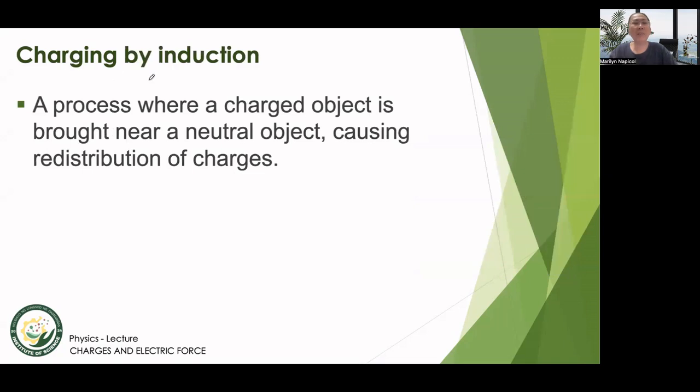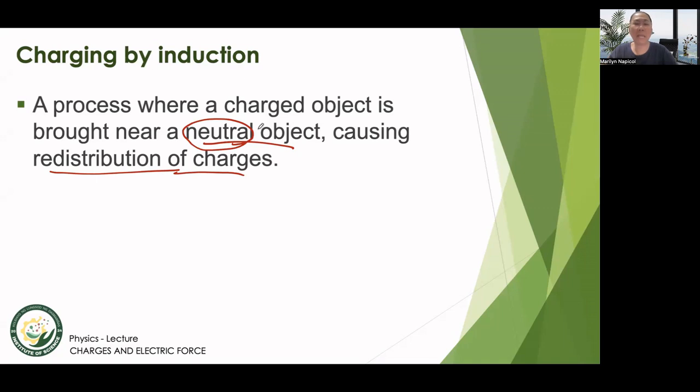So charging by induction is a process where a charged object is brought near a neutral object, causing the redistribution of charges. Again, pag sinabi nating neutral object, parehas siya ng bilang ng protons and electrons, or parehas siya ng bilang ng positive charges and negative charges.